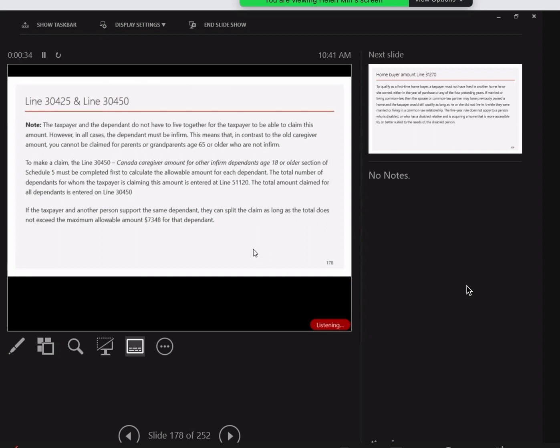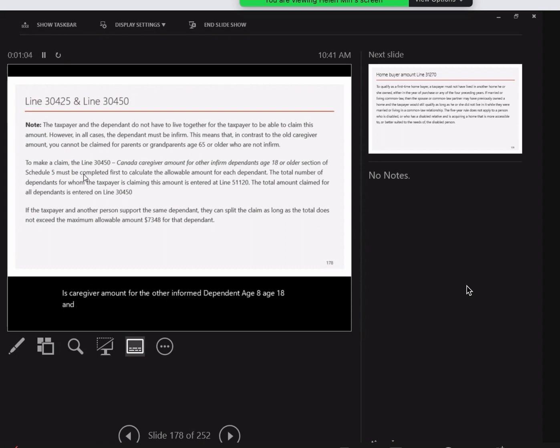Is anybody seeing my screen? Yes, ma'am. So the taxpayer and the dependent do not have to live together for the taxpayer to be able to claim that amount. This amount is 30425 and 30450, the caregiver amount for the other infirm dependent, age 18 and older.